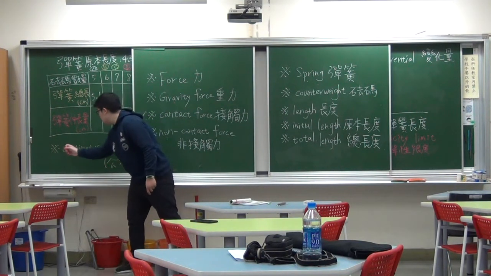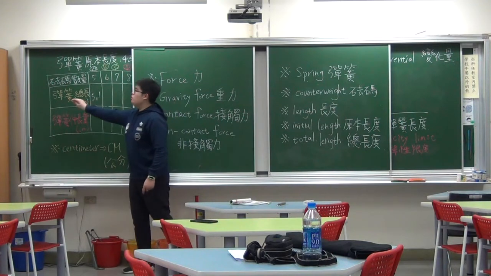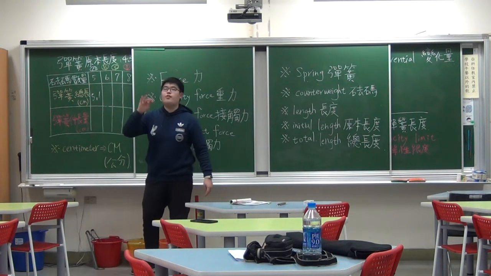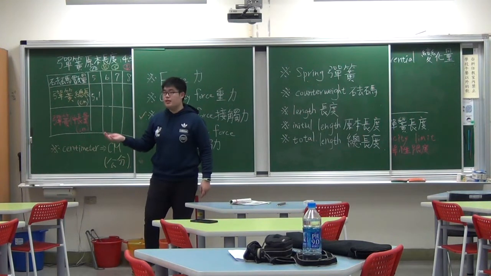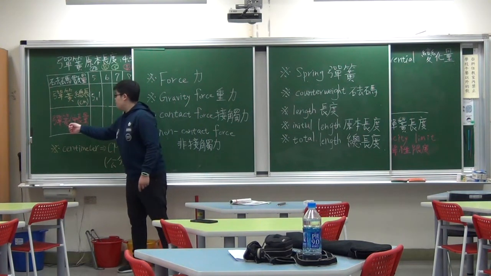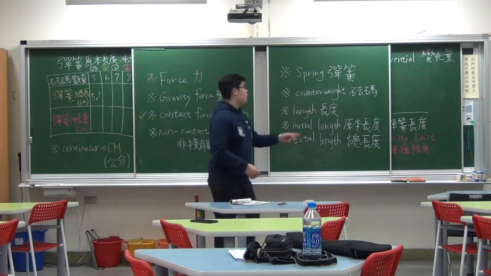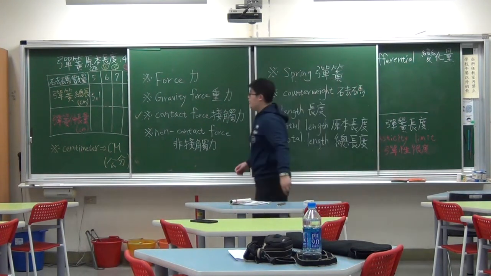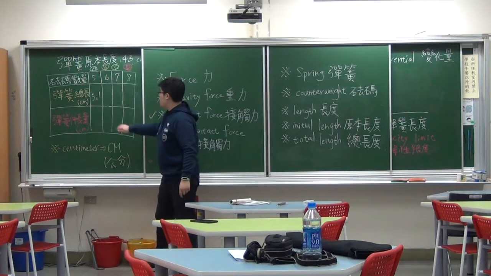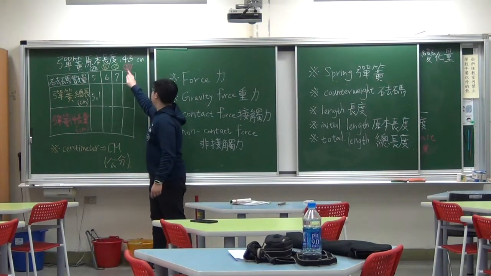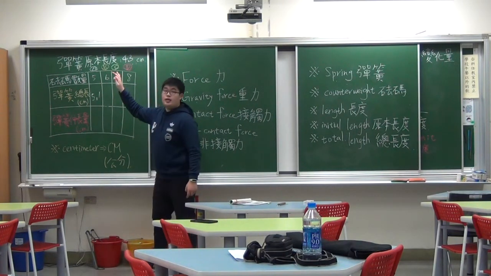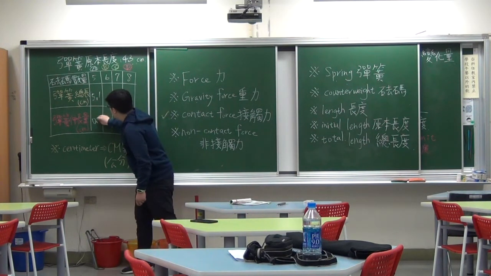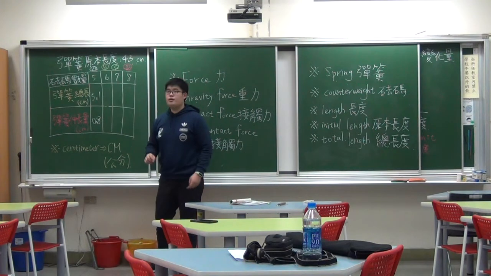So the total length of the spring of group A is 5.1 centimeter. Now the differential of the spring is 5.1 minus 4.3. That means the differential is 0.8 centimeter.